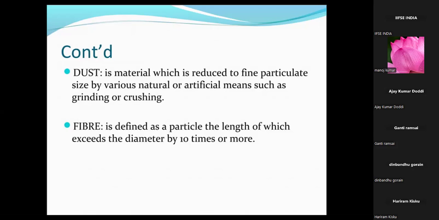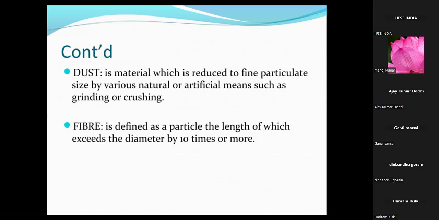Now, in the previous slide, we said that dust is the main cause of pneumoconiosis. But in the course of our slides, we are going to see that fibers are also a causing factor. There are different types of fibers that cause different types of disease.